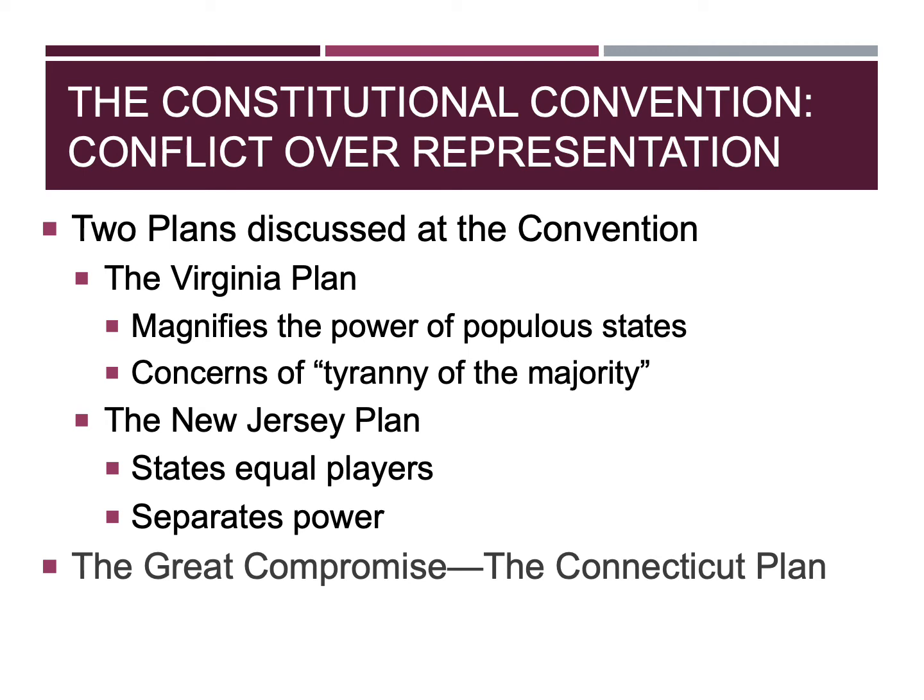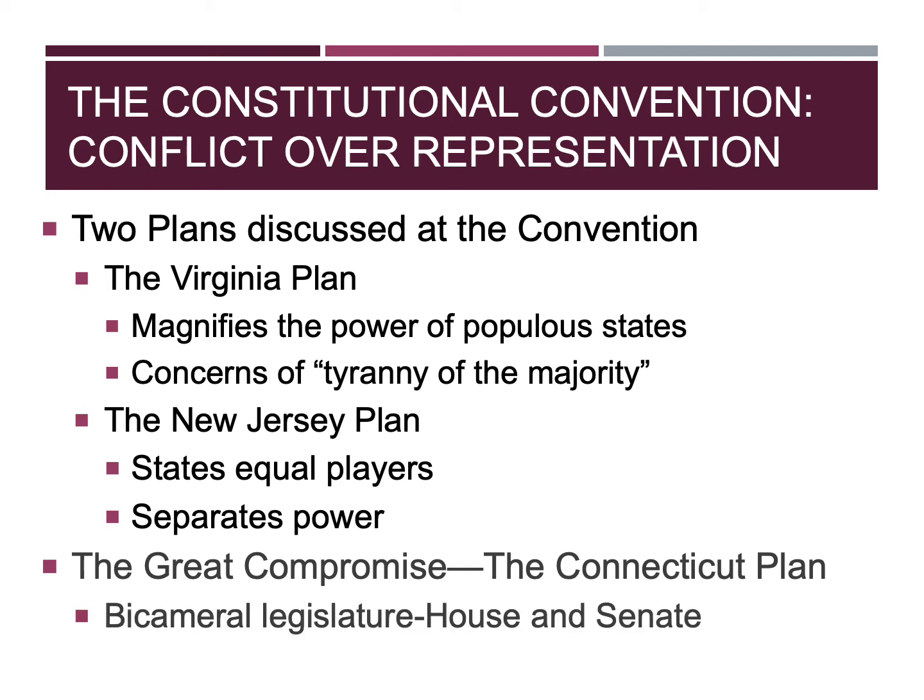The Connecticut Plan takes a little bit from the Virginia Plan and a little bit from the New Jersey Plan. It adopts separation of power, as we will see in a moment, and it also creates a legislature that is bicameral.